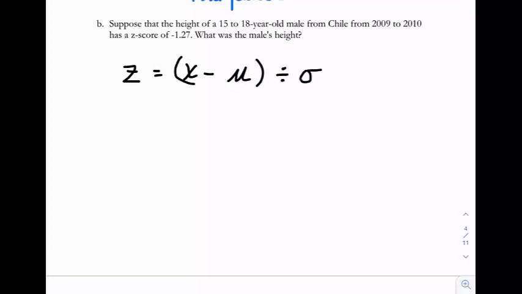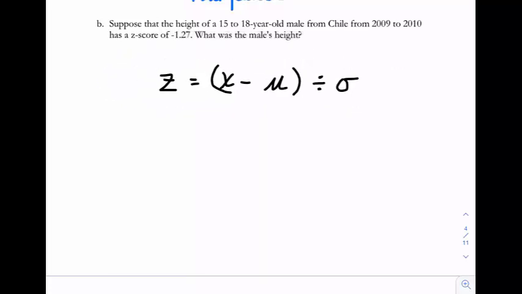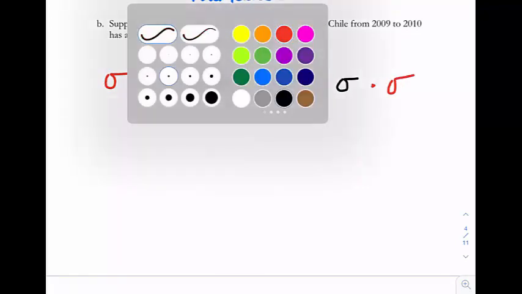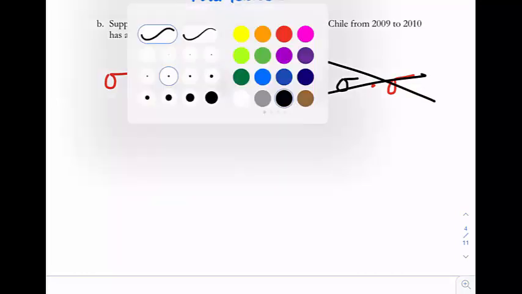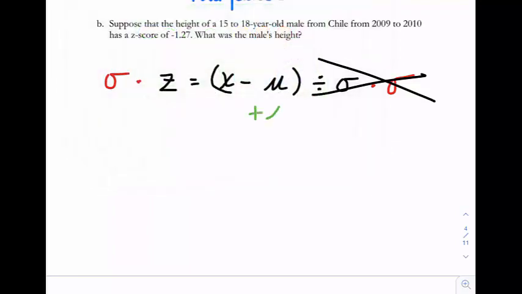If we solve for x by rearranging the values, I would multiply both sides times sigma, and that gets rid of the division on that side. Then the last thing we want to do is add the mean to both sides, and that gives us an alternative formula: x is equal to sigma times the z value plus the mean.